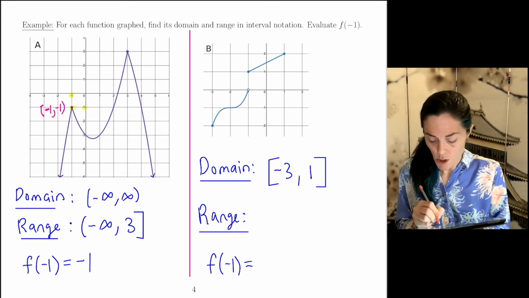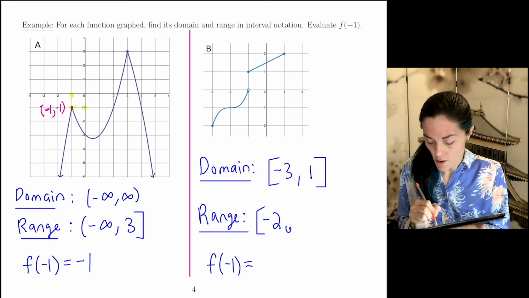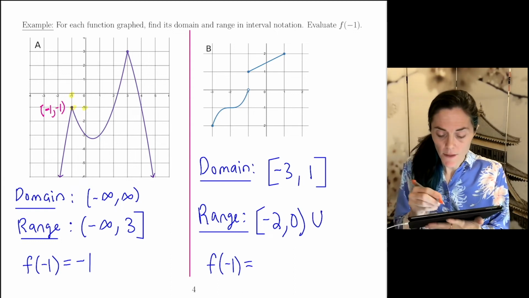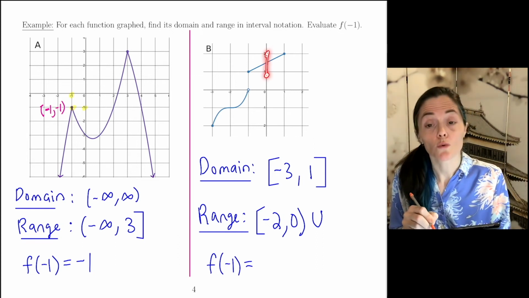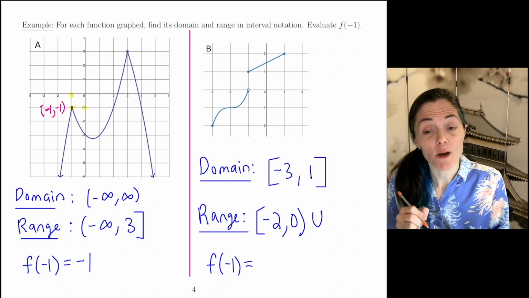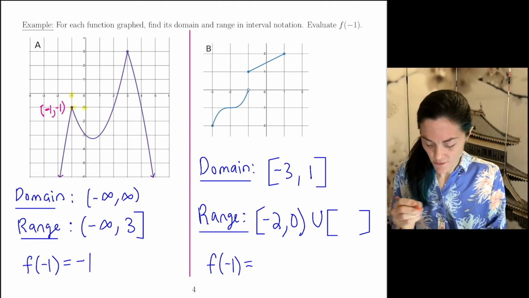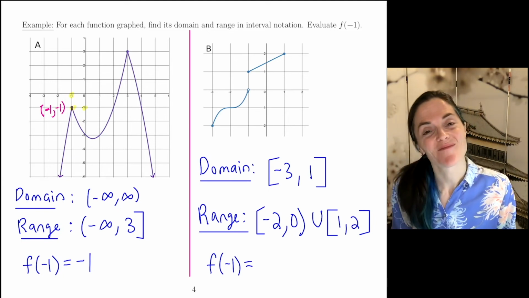The range, we have -2 to 0, open, and then we have union, and then we have here, this is 1 to 2. That part's closed. So union this, closed interval. This is the range of my function.